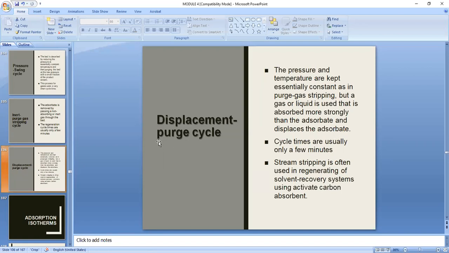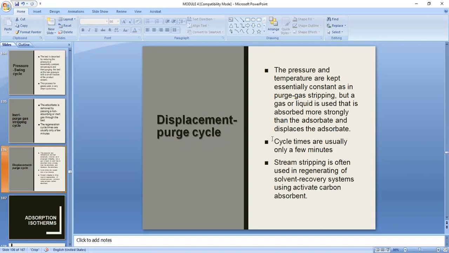So in defining this particular cycle, the term displacement is really appropriate, because an adsorbing gas or liquid is being used that will displace the adsorbed solute in your adsorbent.